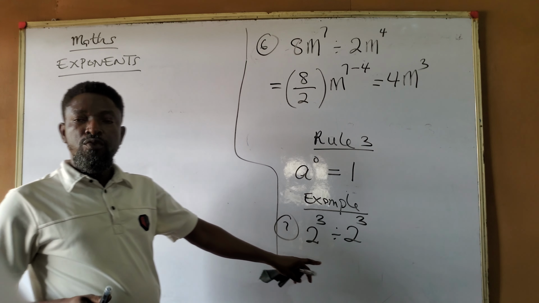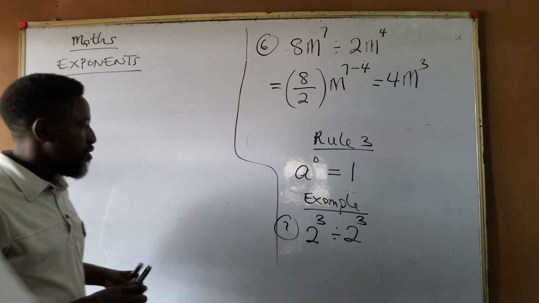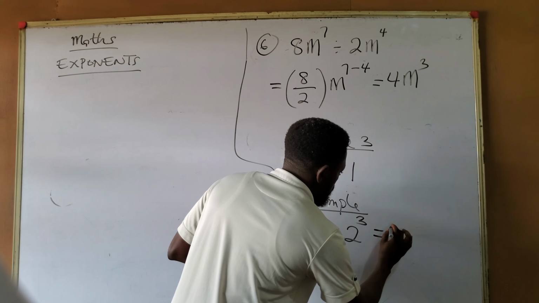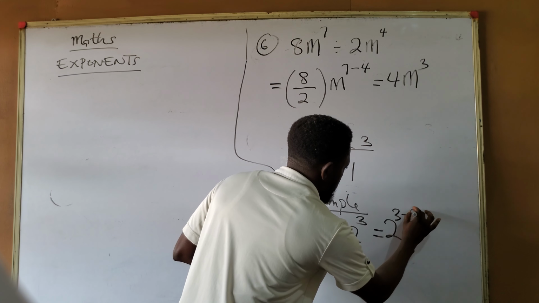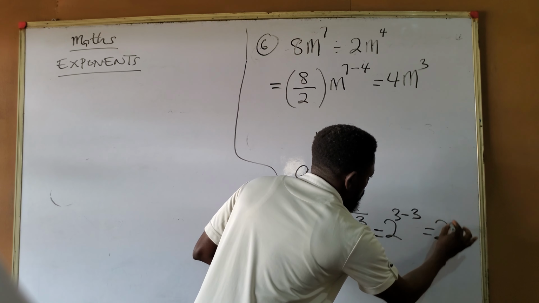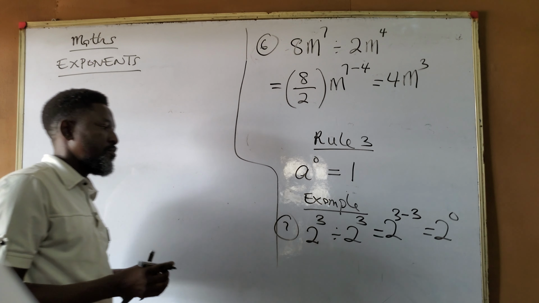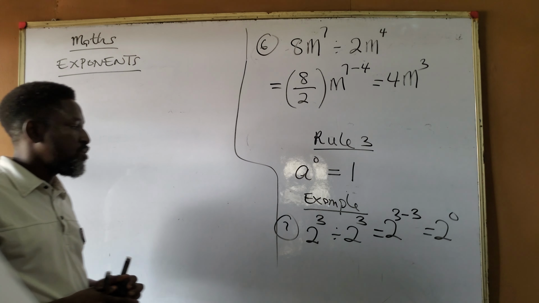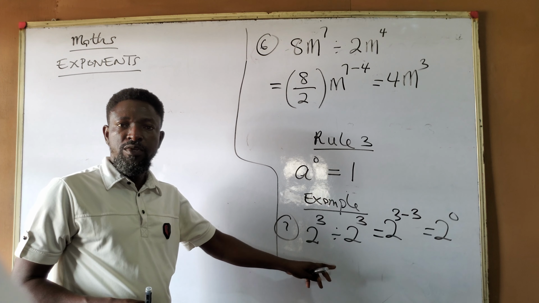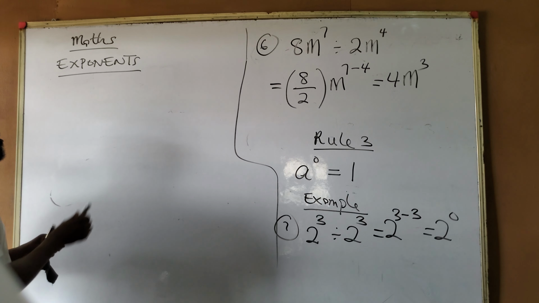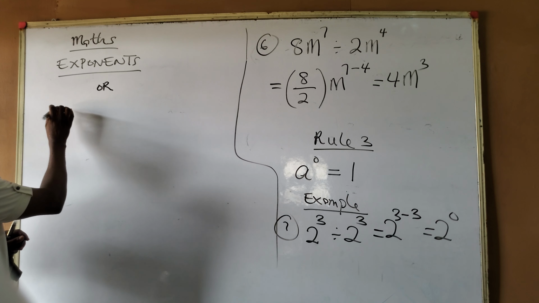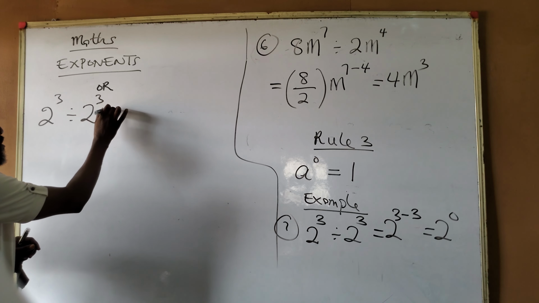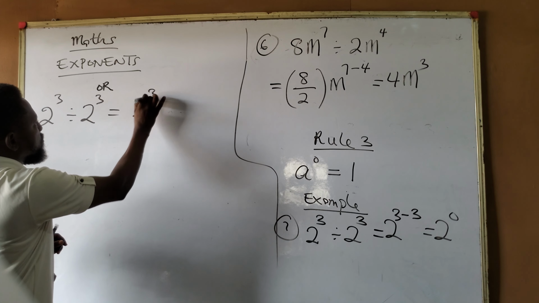Now, using the second rule of exponents, this will give us 2 raised to the power 3 minus 3. That will be 2 raised to the power 0. But you can decide not to solve using this second rule of exponents, because 2 raised to the power 3 divided by 2 to the power 3 can as well be written in this form.